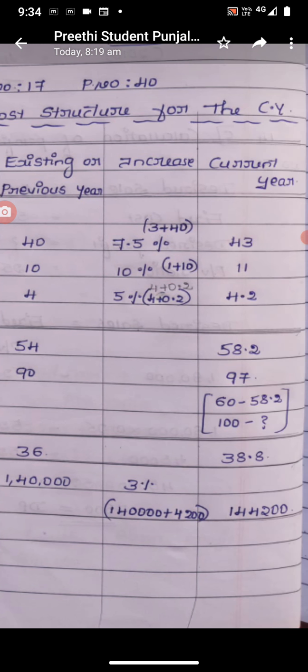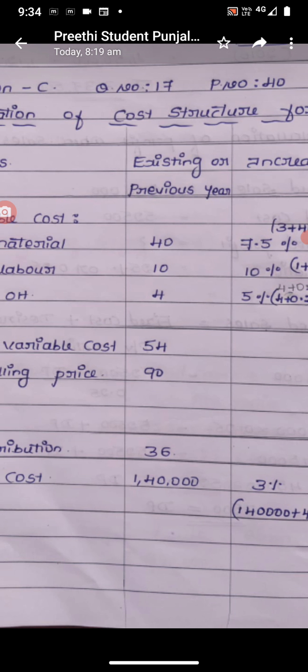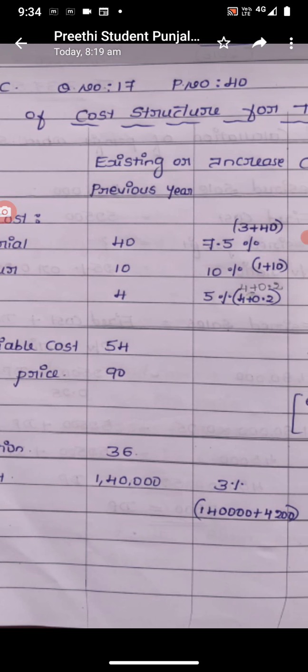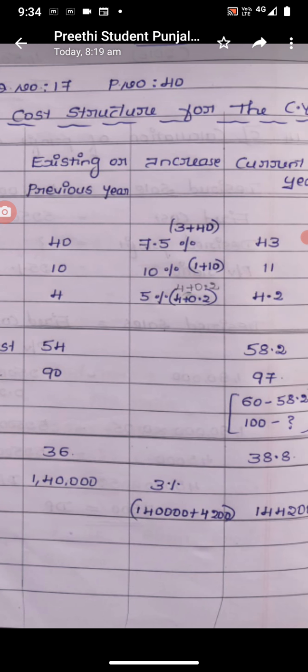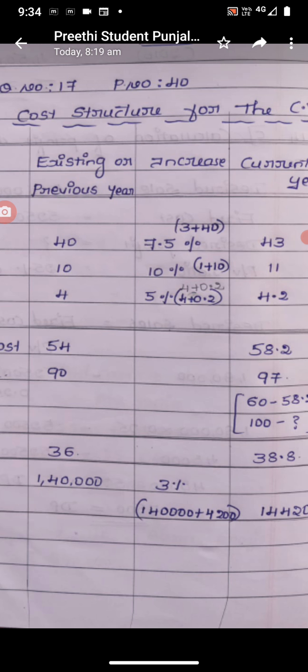Now the same cost structure for the new year: 58.2 becomes the variable cost total. Now this 58.2 is 60% of the sales price. When you see the sales price 90 and 54, it becomes 60%.